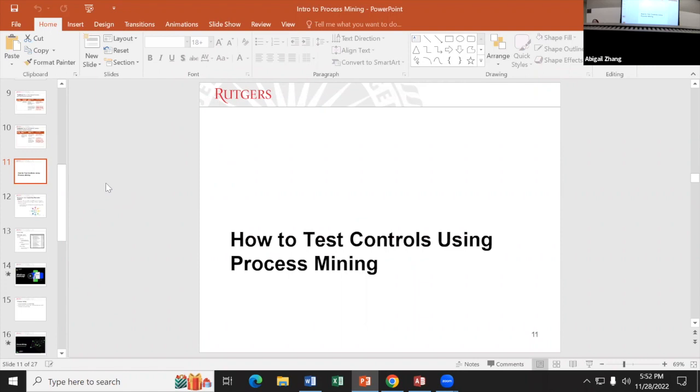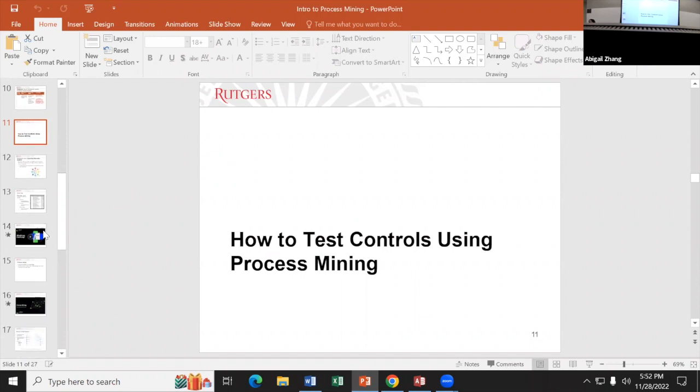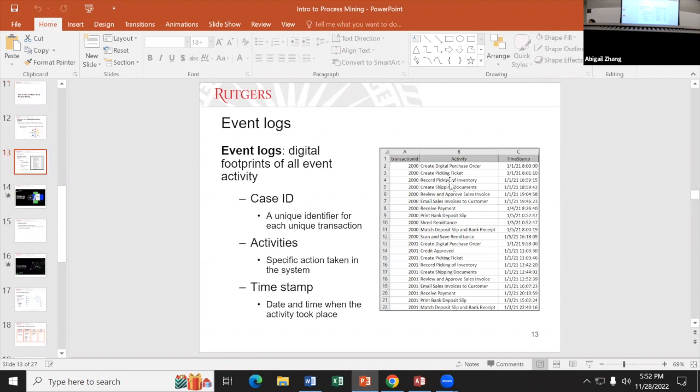So the 3 attributes are first the transaction ID or a case ID. So you can think of it as like a sales order placed by the customer, right? Let's say order 1, 2, 3, 4, 5. And then the activity will contain descriptions of what happened to this particular order.